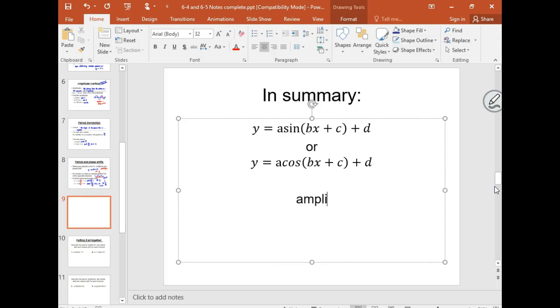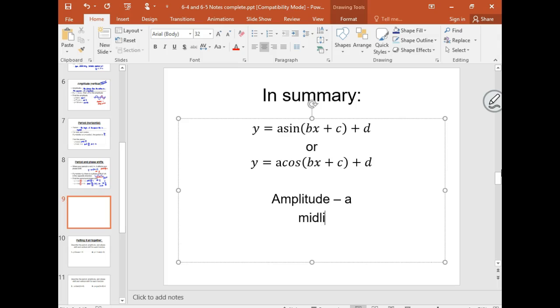The amplitude, okay? Amplitude, that's how tall it is, right? So that is stretching it out, vertical stretch or vertical expansion or compression. What letter gives us our amplitude? A. So the amplitude is whatever number we have multiplied by that sine or cosine.